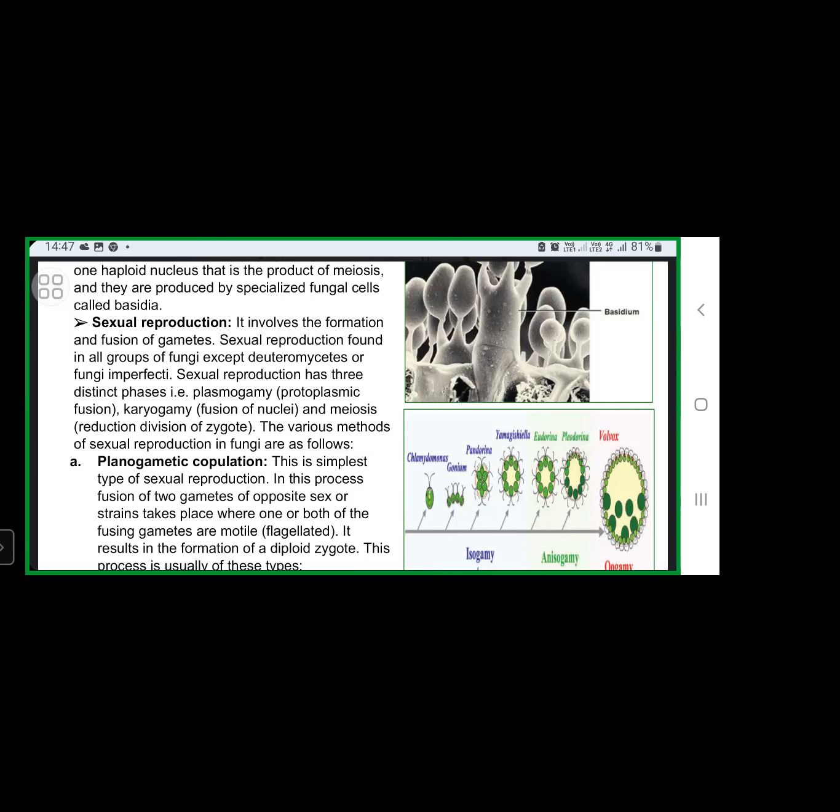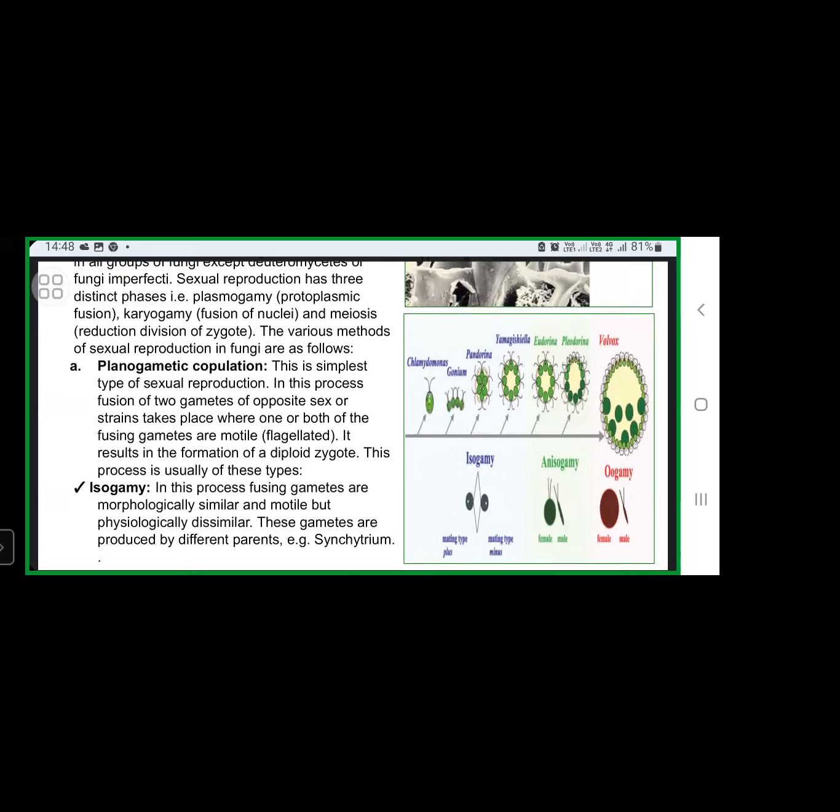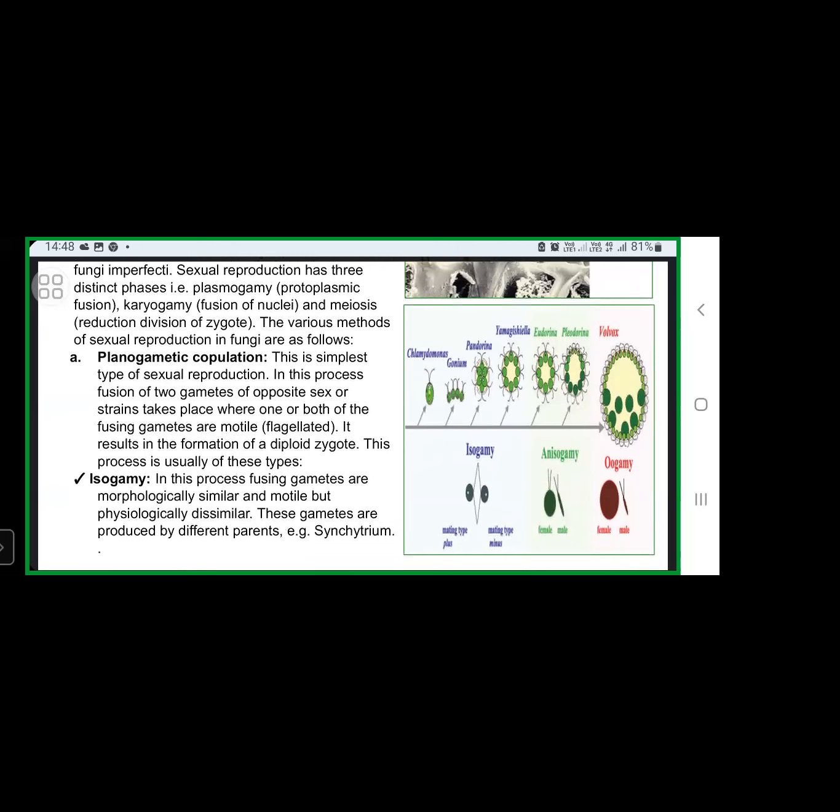Due to the fusion of these two haploid gametes, the diploid condition arises. That diploid structure is called the zygote. Planogametic copulation is further divided into two types: isogamy and heterogamy.